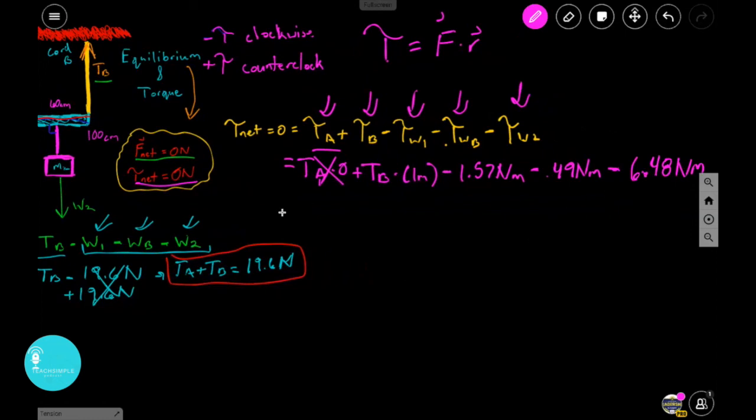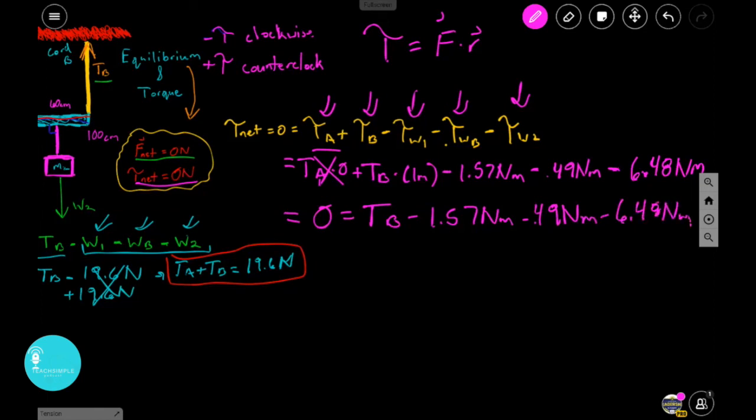So if we finish out this equation, I have 0 equal to TB minus 1.57 Newton meters minus 0.49 Newton meters minus 6.48 Newton meters. And if I do that math, that's just going to give me 0 equal to the tension minus 8.54.